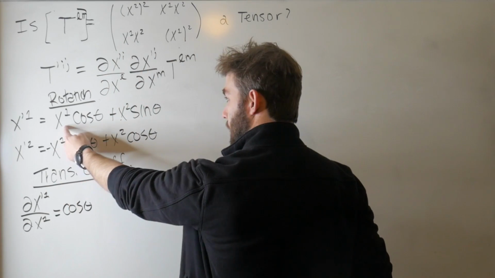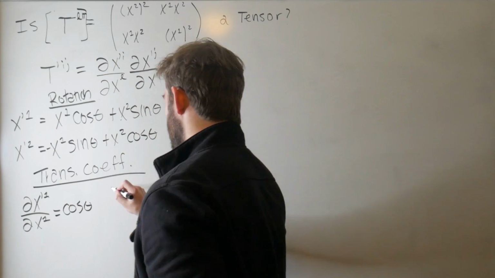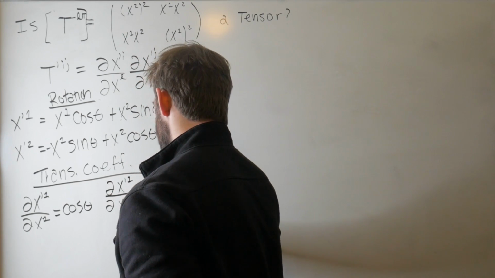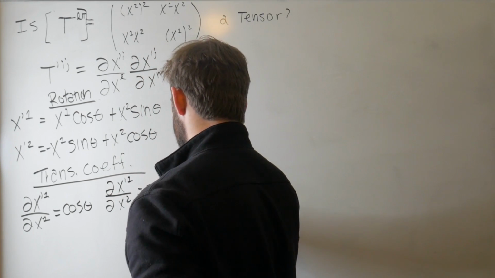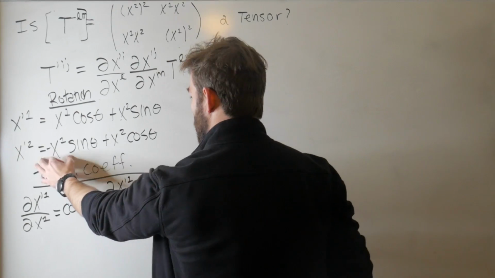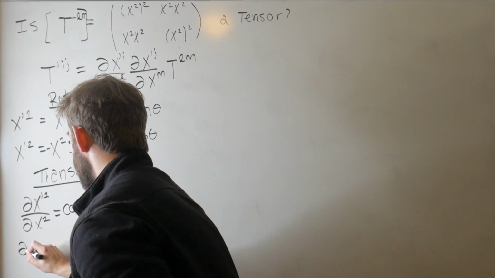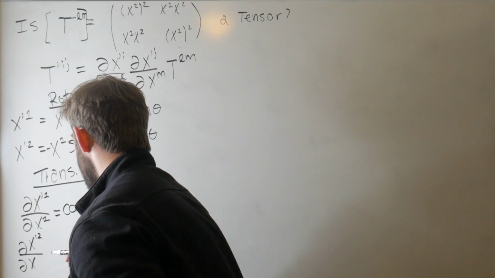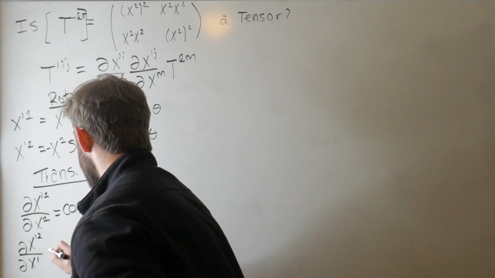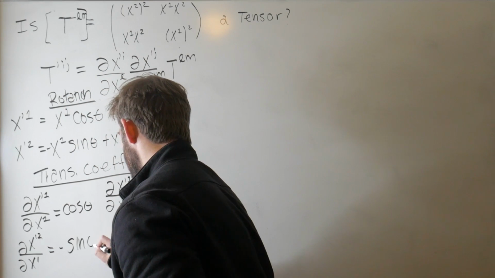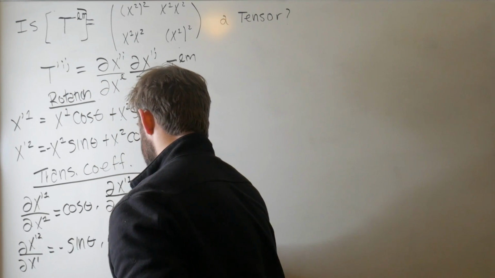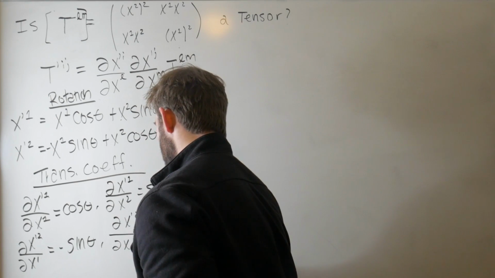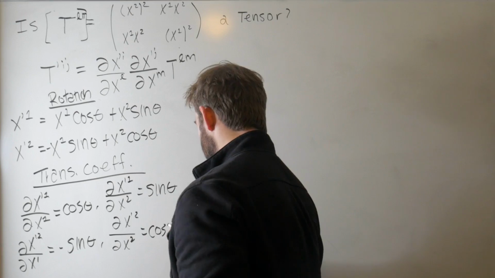I'm just taking the derivative of this with respect to x1. dx prime 1 over dx2 is equal to sine theta. And the same thing goes for these. dx prime 2 over dx1 is equal to minus sine theta, and dx prime 2 over dx2 is equal to cosine theta.